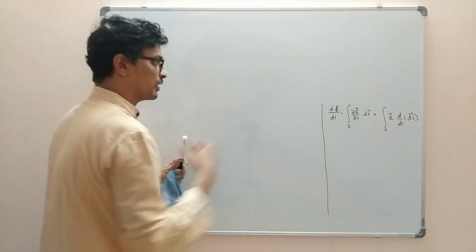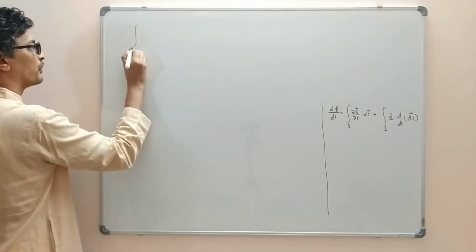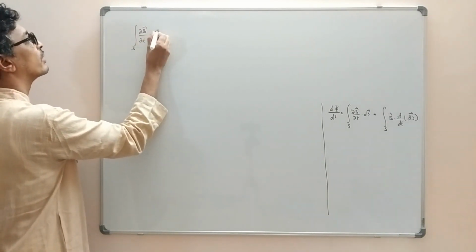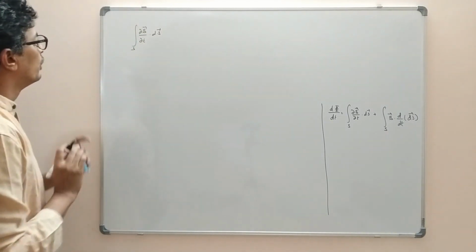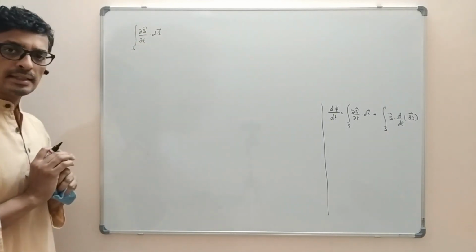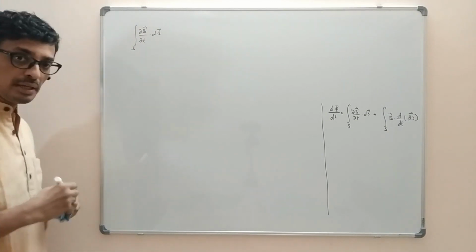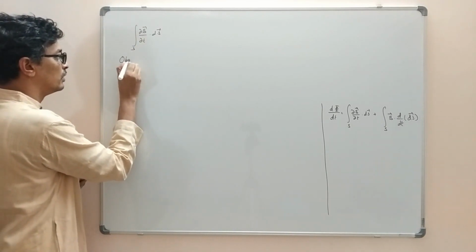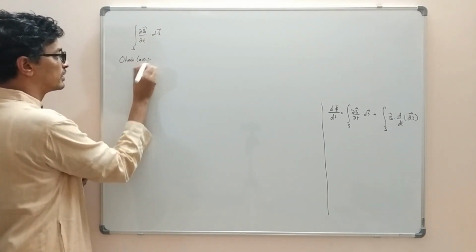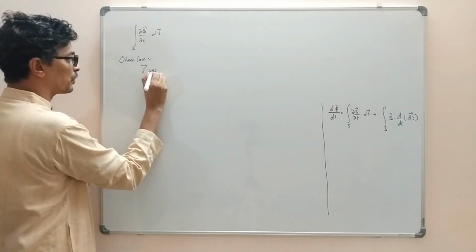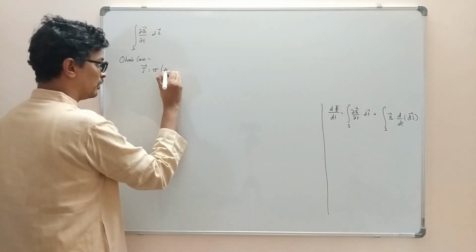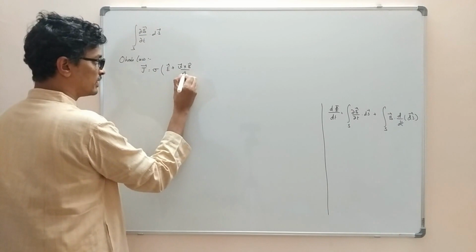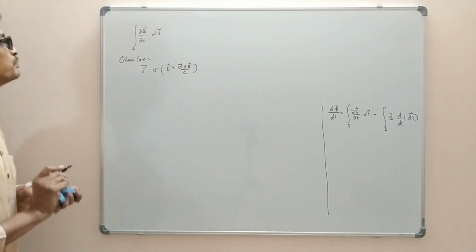Let us consider the first integration, that is the surface integral of del B by del t dot ds. Fine. So to start with, let us consider some simpler equations which we all know from electrodynamics. The first one I am going to write is Ohm's law, which says my current density J is equal to conductivity sigma into E plus V cross B by C, where E is the electric field and V is the velocity.